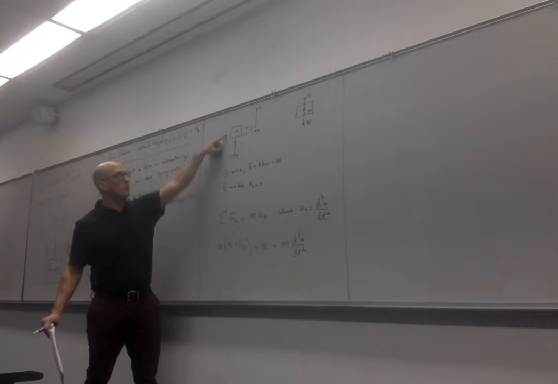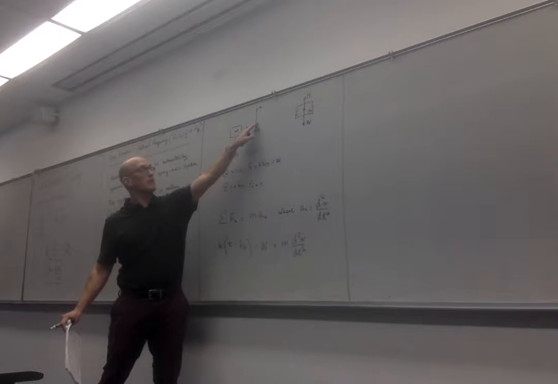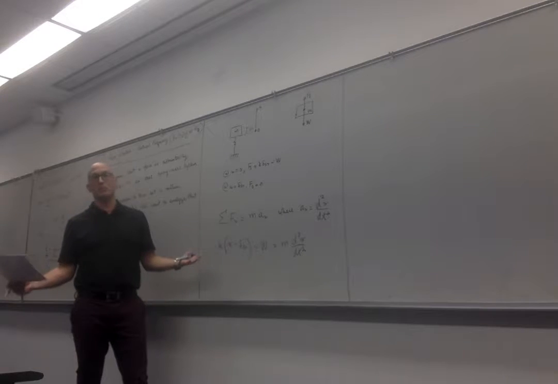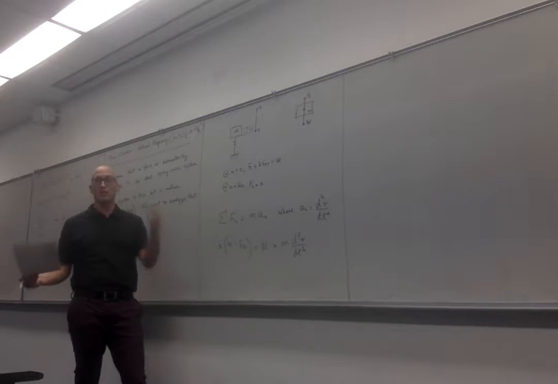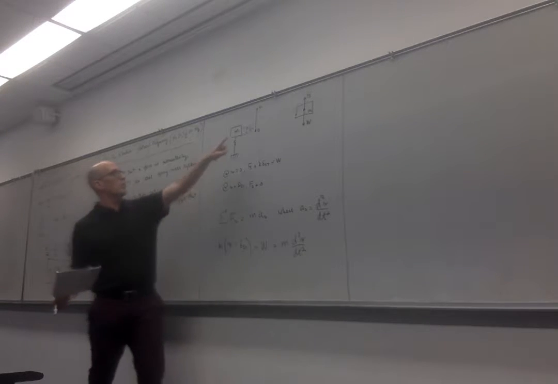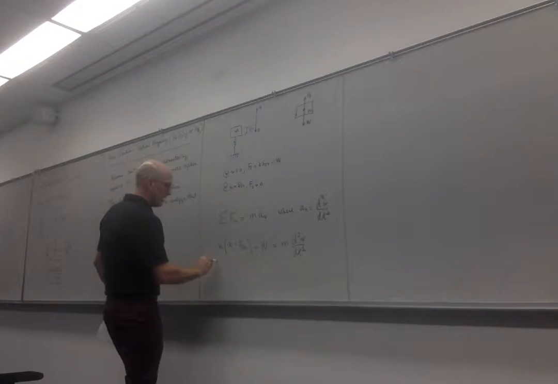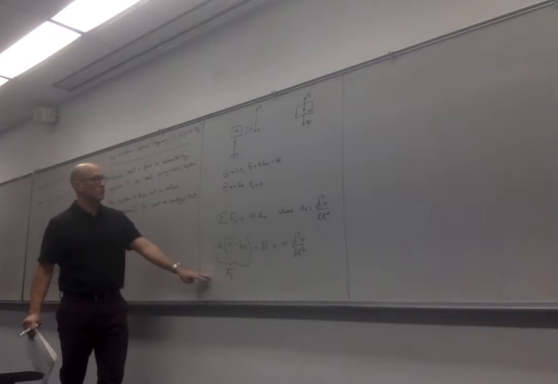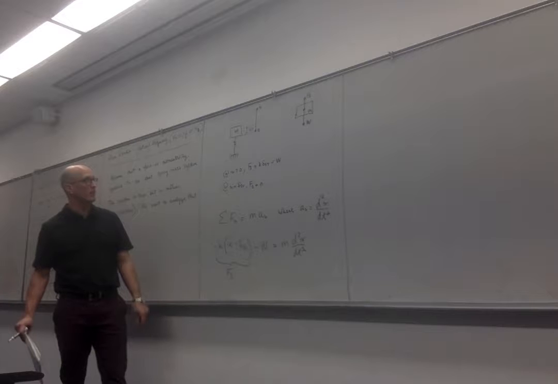So if x goes back to the static deflection here, that means the force of the spring has to be 0. It's at its equilibrium position. The spring is not compressed and it's not stretched in any way. So when the spring is there, the force of the spring, which is this term here, has to be equal to 0. That's why we need to correct and take into account that term here.